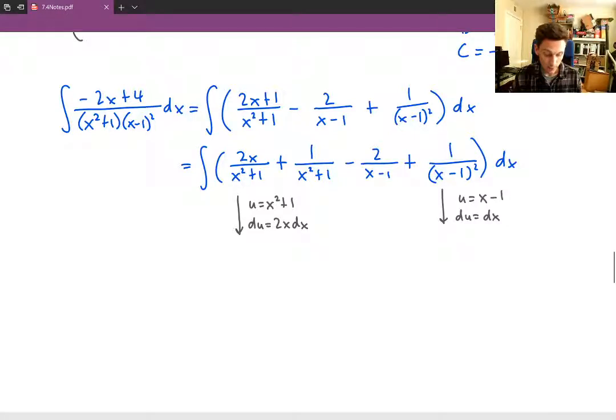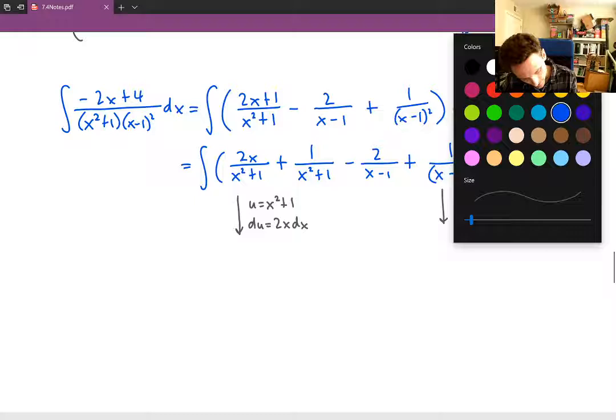The antiderivative of 1 over x squared plus 1 would be inverse tangent of x. And then the integral of 2 over x minus 1 is just going to be an ln of absolute x minus 1 with a 2 in front.